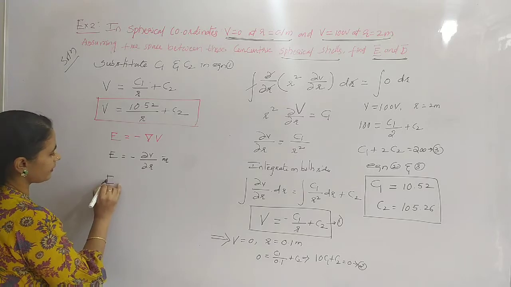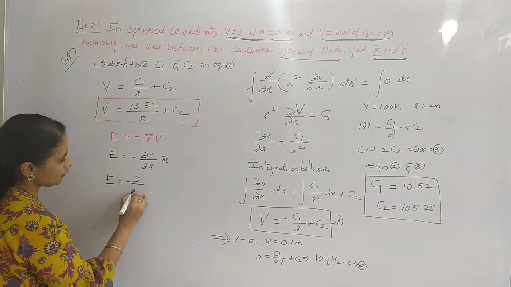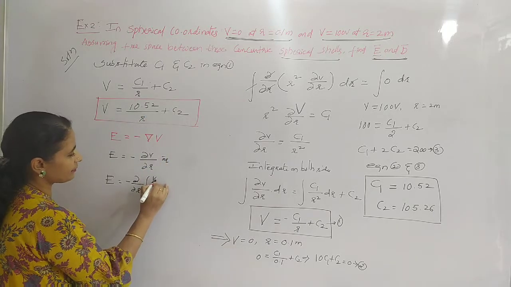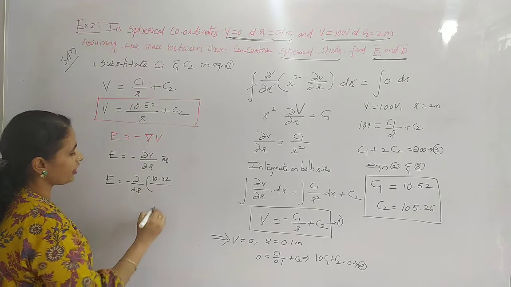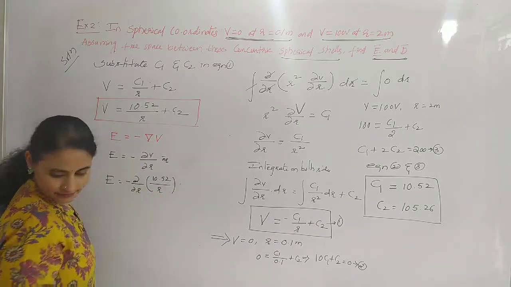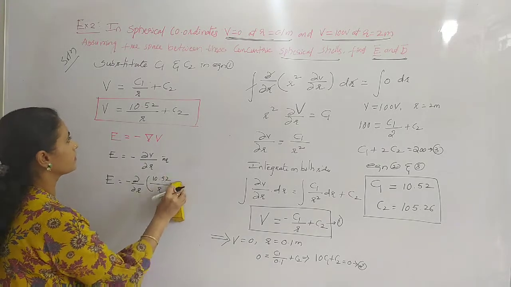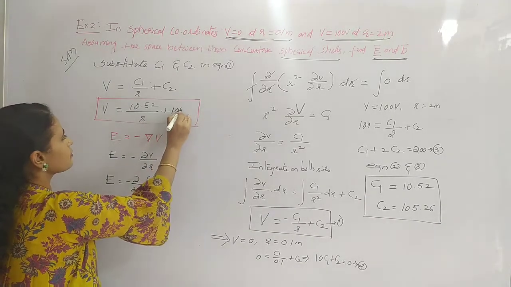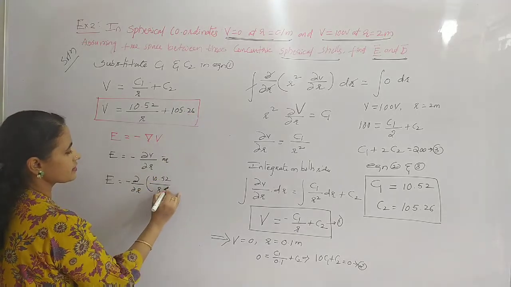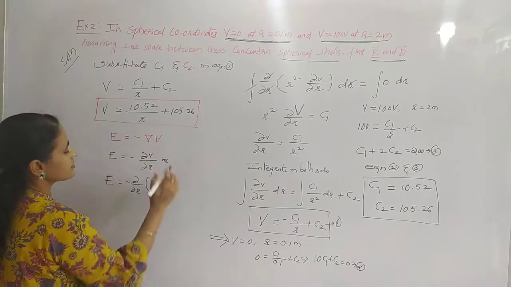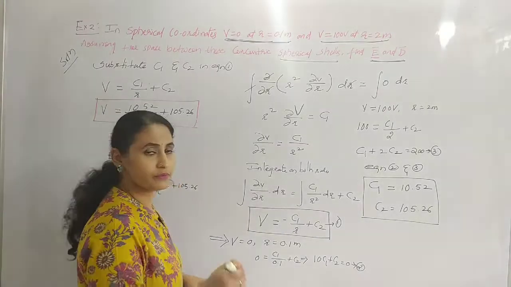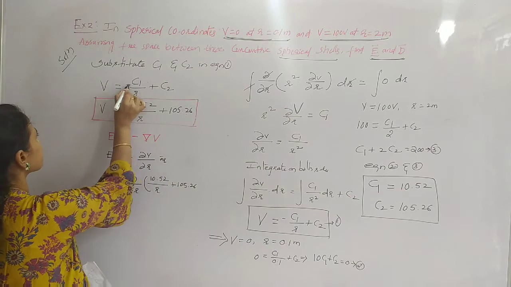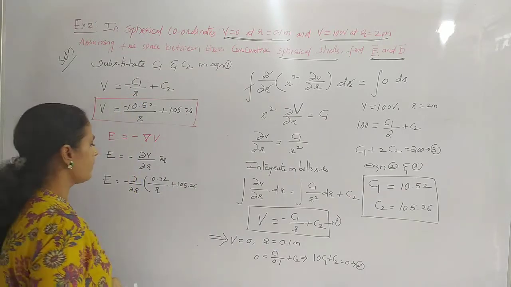So E is given by minus dou by dou R of V. The V which we obtained as 10.52 by R, here is the C2 value, the C2 is 105.26. Here it is a minus and here is also minus.